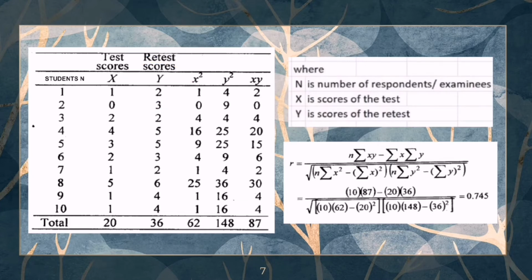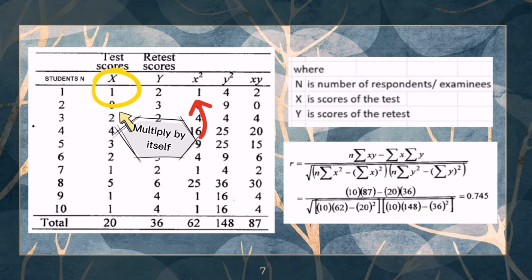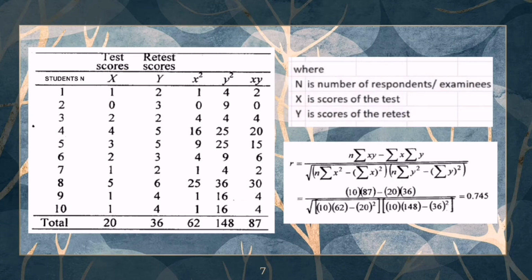So, yung X squared, makukuha natin to multiply yung X by itself. Kung ano yung result ng X, ilalagay mo siya sa X squared. Like, for example, 1 times 1 equals 1. Ganun din po sa Y squared. You need to multiply the Y by itself.